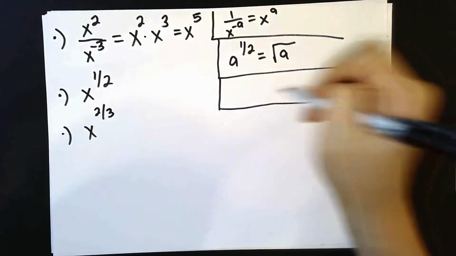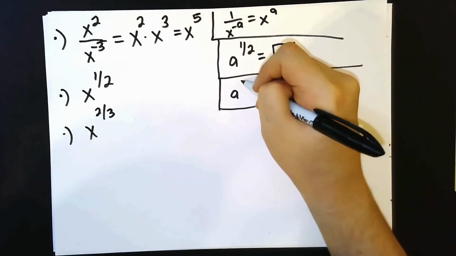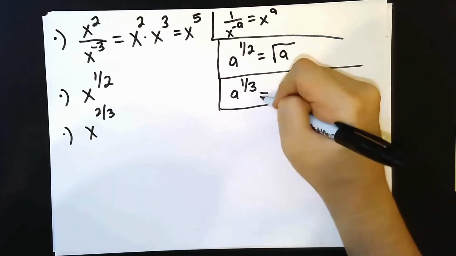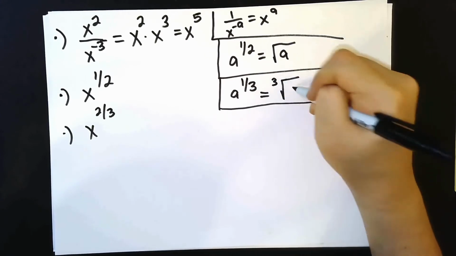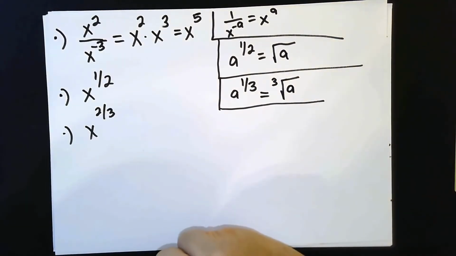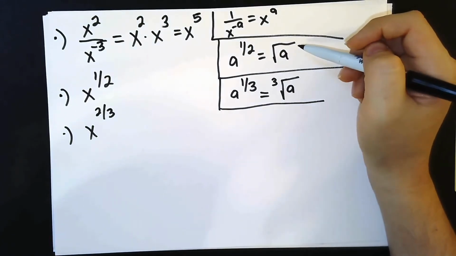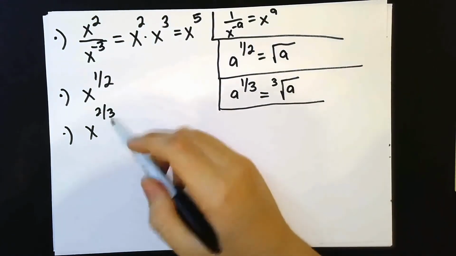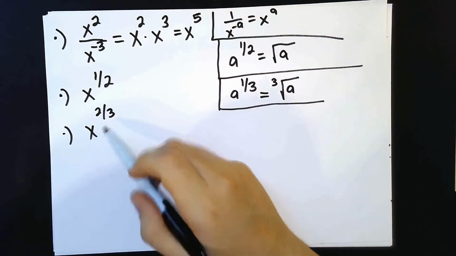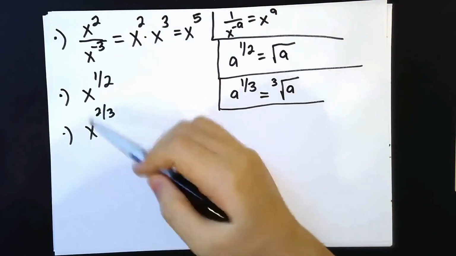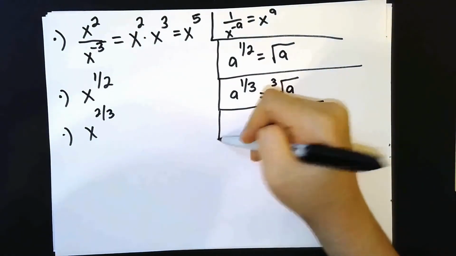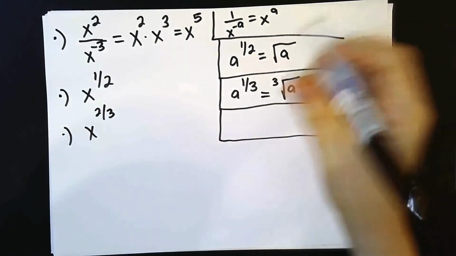Likewise, anytime you have something to the 1/3 power, that's going to give you a cube root. Now, it doesn't come up super often, but because I wrote it here, I want to go ahead and mention what happens if you take something to the 2/3 power. That is the same as doing one of two things.